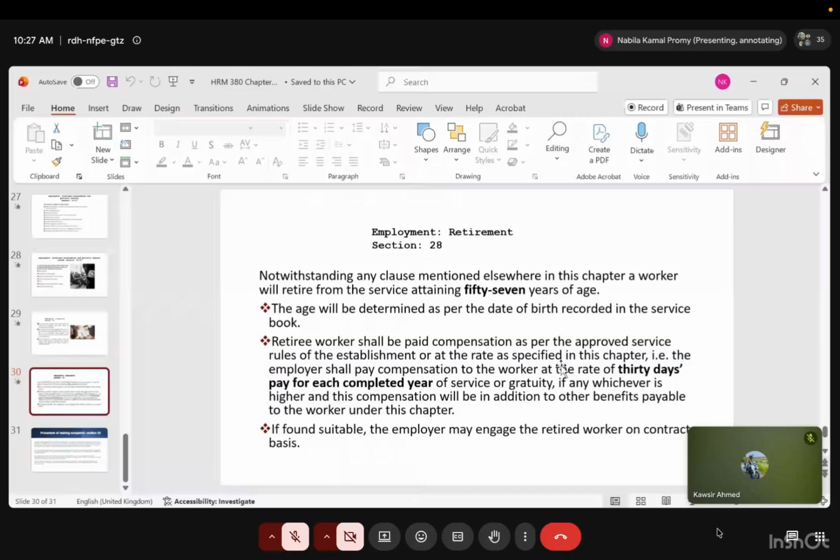Usually the age is 57. According to Bangladesh labor law, it is 57. So if you are working in a company and now you are 57 years of age, you will have to retire from the company.